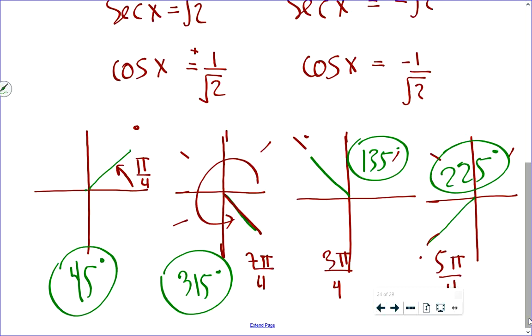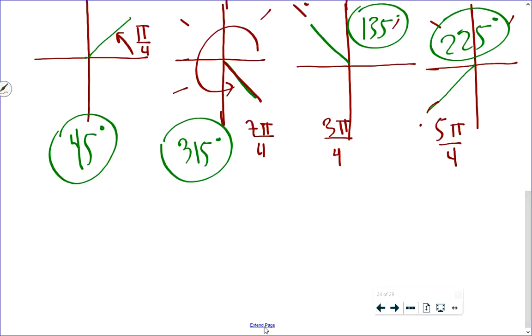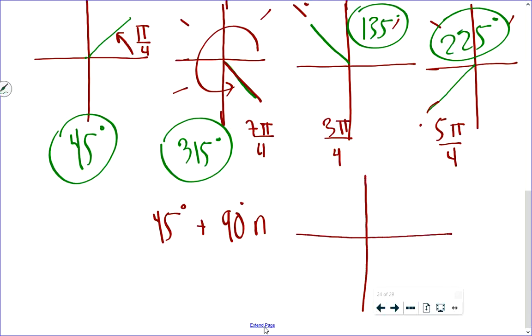How many of you see, though? It's a little tougher to see that you can add multiples of 90. You put all 4 of those things on the same diagram. These two are exactly opposite each other.